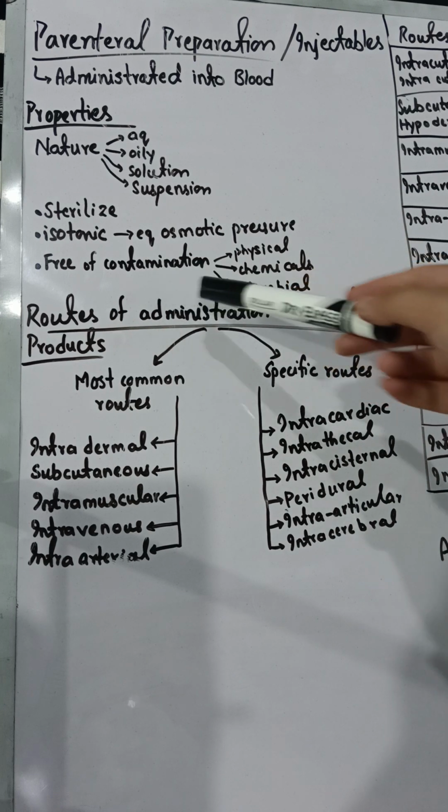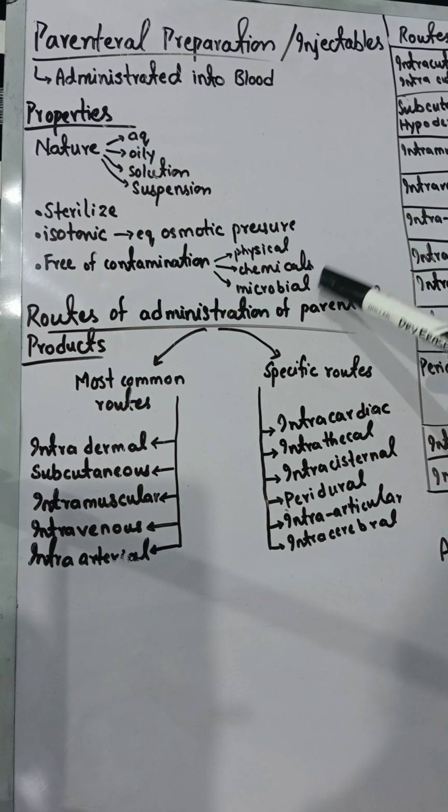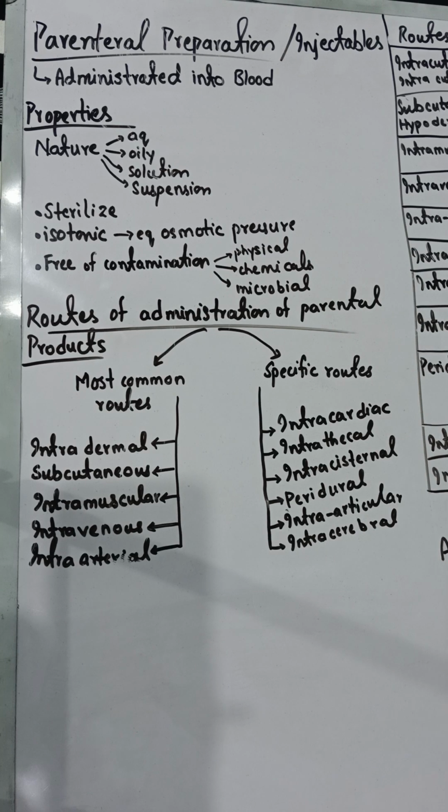Last is freedom from contamination. All physical, chemical, and microbial contamination should not be present. So that is very important. When we prepare these parenteral preparations, we should take very much care of contamination. We should not allow any kind of contamination, whether physical, chemical, or microbial, to enter that preparation.